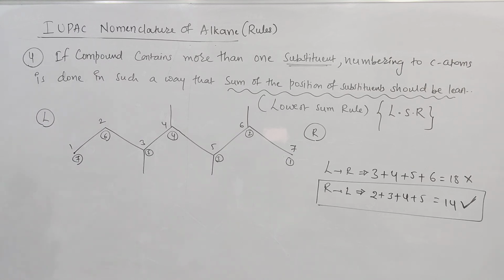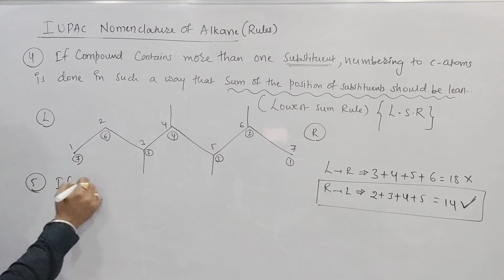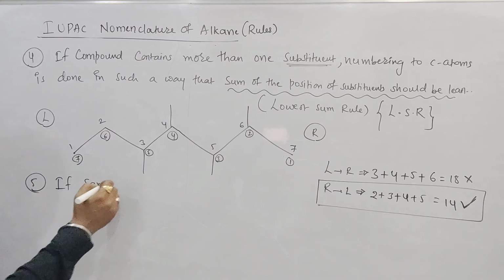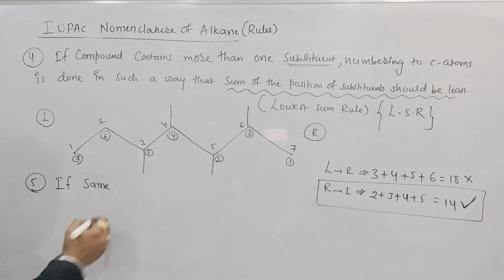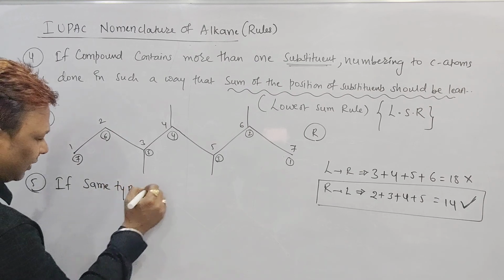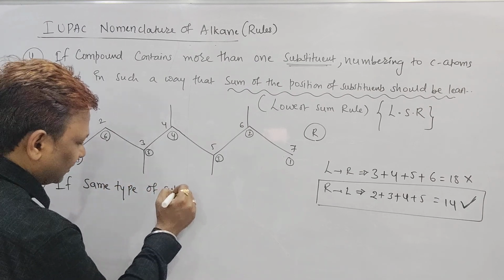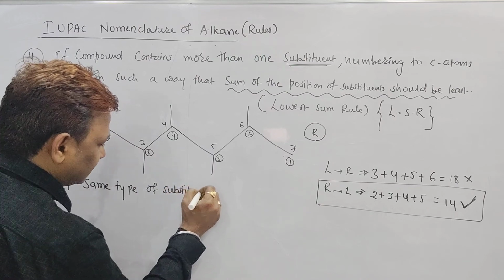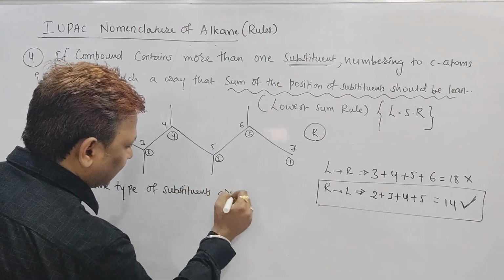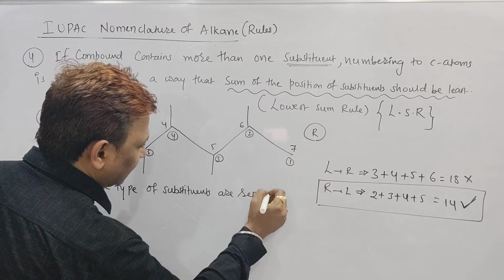Then rule number 5 will be there, but I'll write it here only. If the same type of substituents are repeated, is it clear, beta?